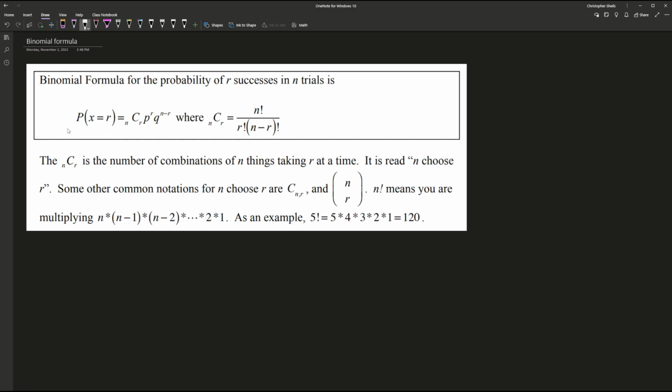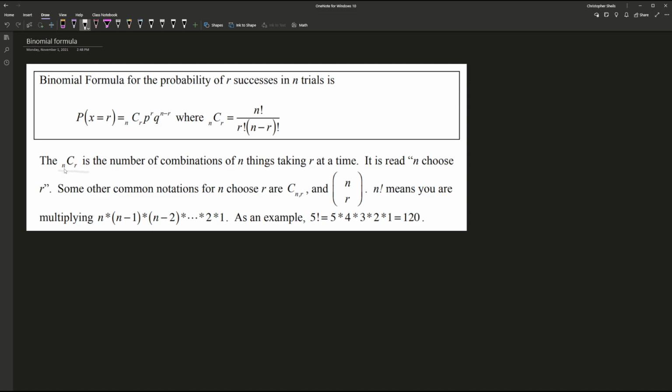The probability that X is equal to R, so the probability of R successes in these N trials, is N choose R times P to the R times Q to the N minus R.